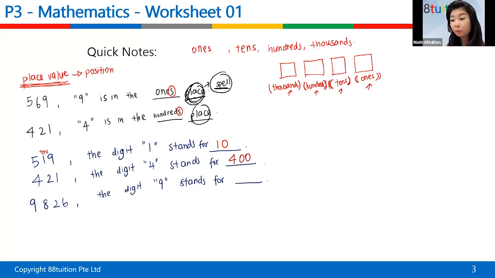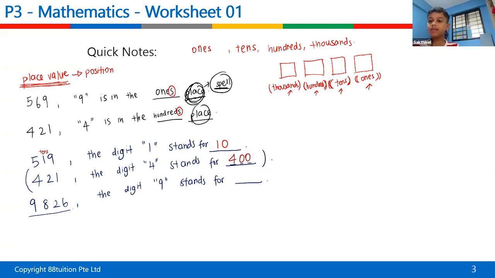Look at this number. The digit 9 stands for what? Thousands. Is it just thousands? Look at this question. The digit 4 stands for 400. So in this case, 9826, the digit 9 stands for what? 9,000. Yes, 9,000. Must include the 9.